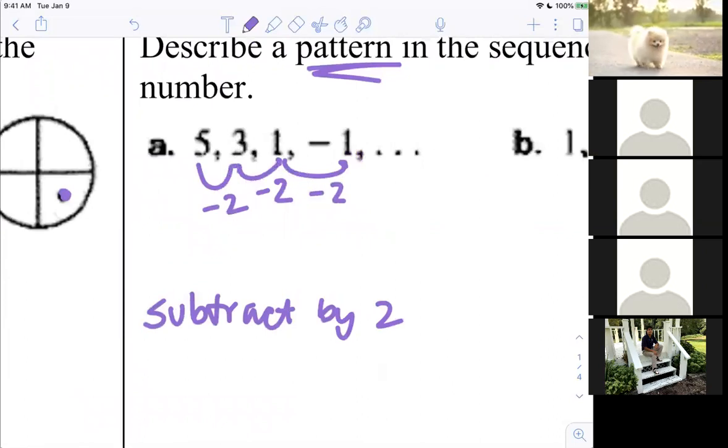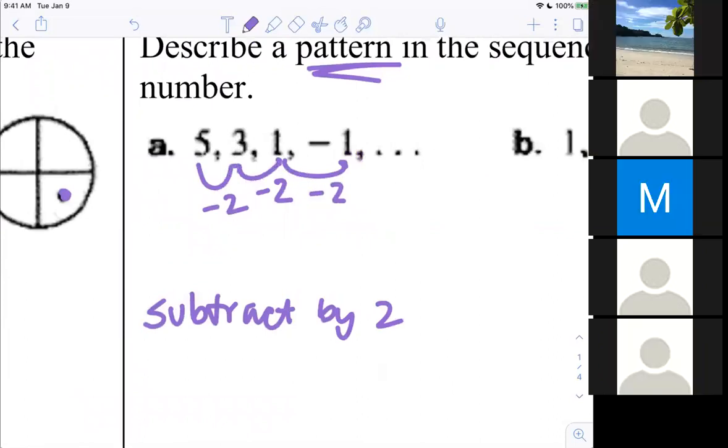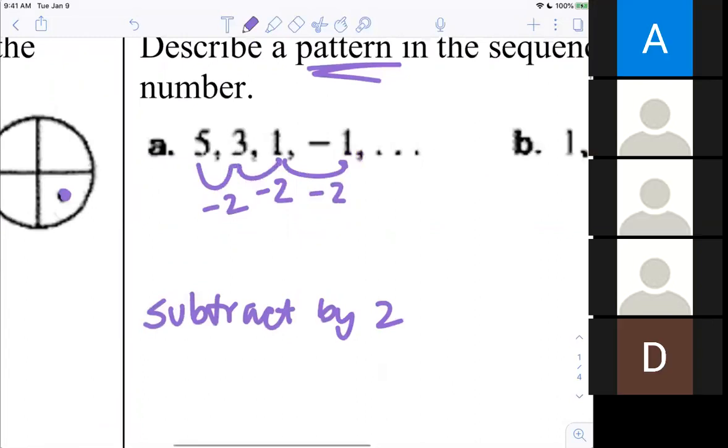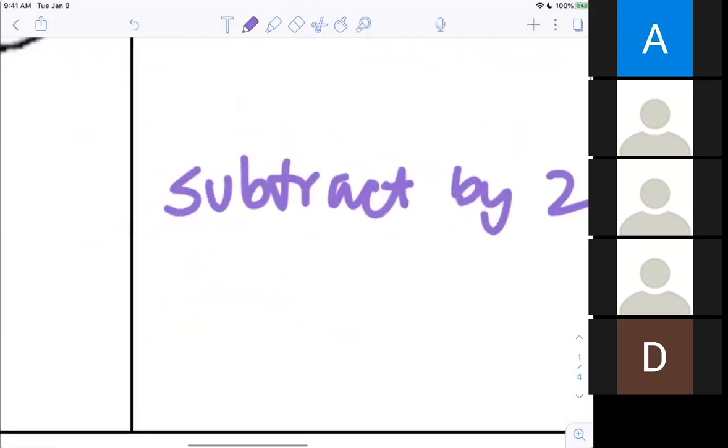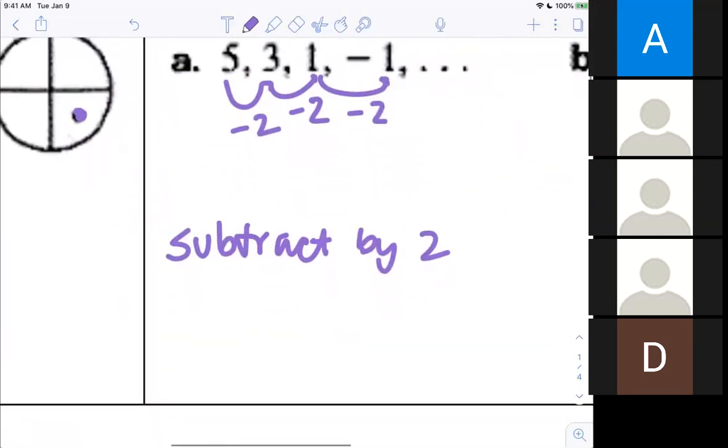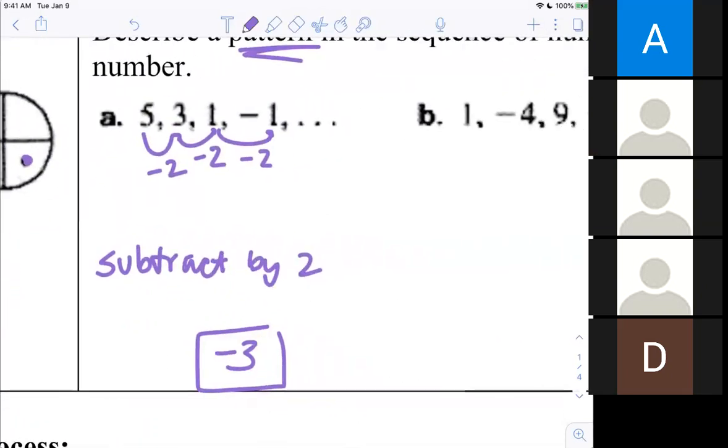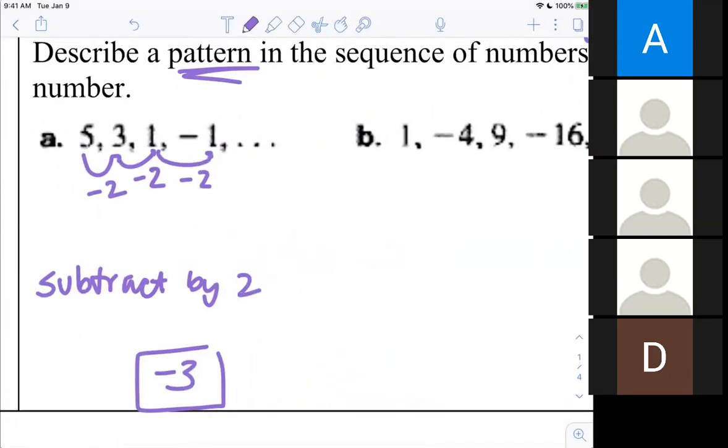That's what you do each time to get the next number. In addition to describing the pattern, it says find the next number. Well, the next number is going to be whatever -1 minus 2 is, which is -3. So I described my pattern and I wrote the next number. Awesome. Any questions so far?